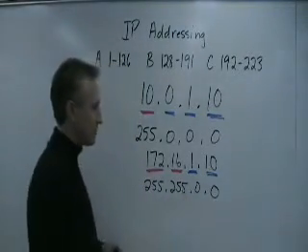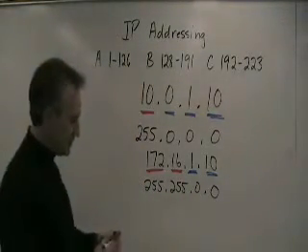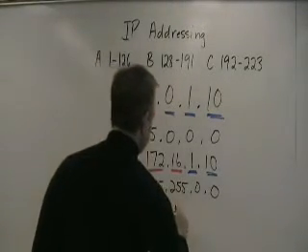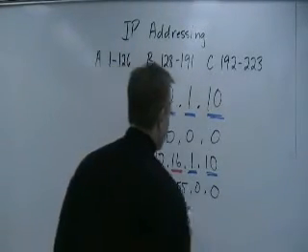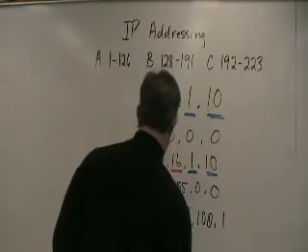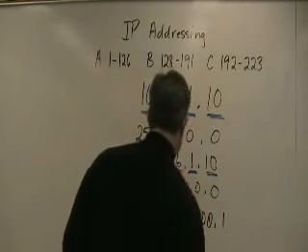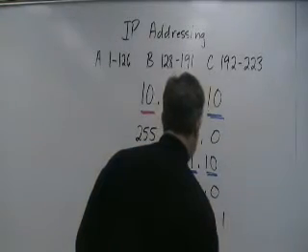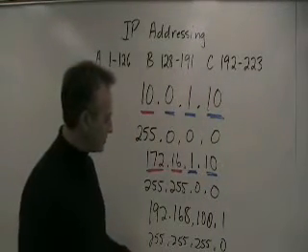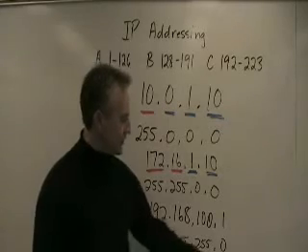in the subnetwork mask. We look at class C, we see the same pattern again. So a class C default mask is 255.255.255.0.